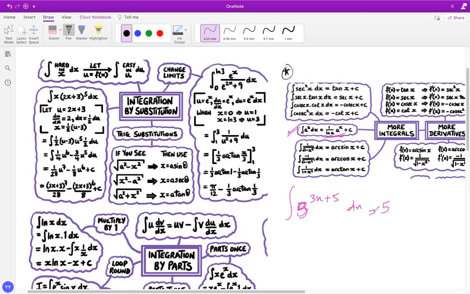This answer is going to be more or less of the e to the power ax plus b type. So it will be 5 to the power 3x plus 5 over 3, that's the coefficient of x, and obviously don't forget to divide by ln a, which is the ln of this number. So this is the integration of basic stuff.